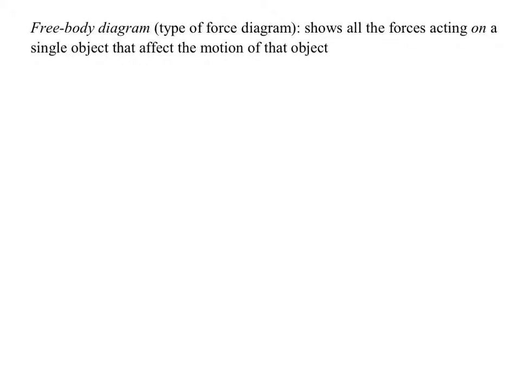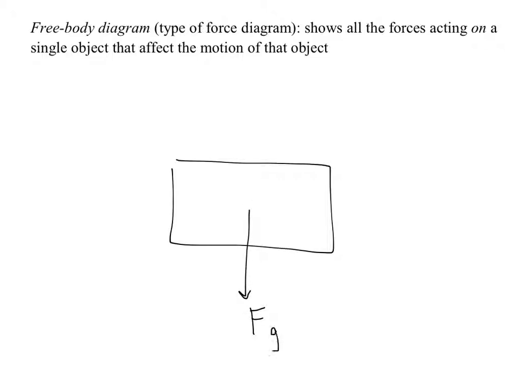Gravity's pulling it down, and the table is pushing back up. So if I were to draw a free body diagram of this object, you would have gravity pulling down, and we'd have the table pushing back up. We call that a normal force.